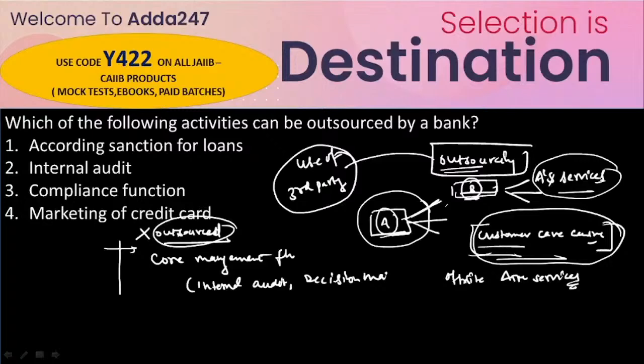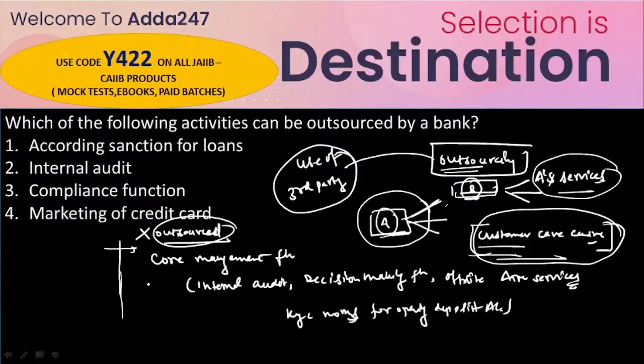This is very important because you will definitely get one question on it in the exam, that's why I'm explaining it here. Decision making function, internal audit, KYC norms for opening deposit accounts, and management of the investment portfolio. So you have to understand that core management functions cannot be outsourced by the bank.